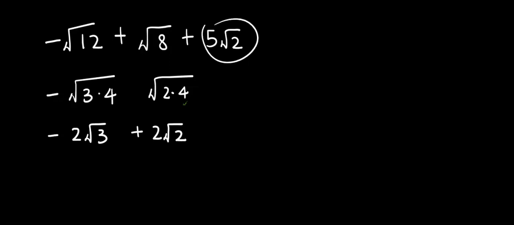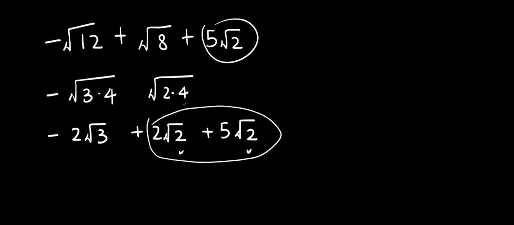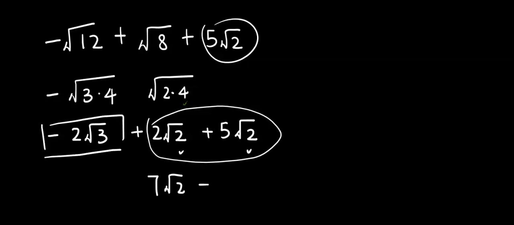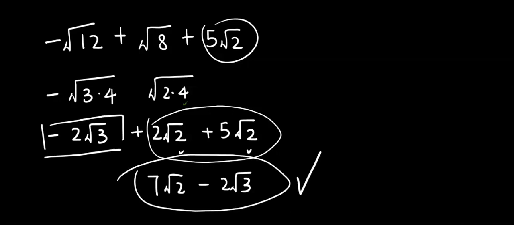And then I'm going to copy down this guy. Okay, now negative 2 square root 3, 2 square root 2, 5 square root 2. These two are like terms. We can combine them. So 7 square root 2. This one can't do anything, so I'm going to write down just like that. And we call it all done right here.